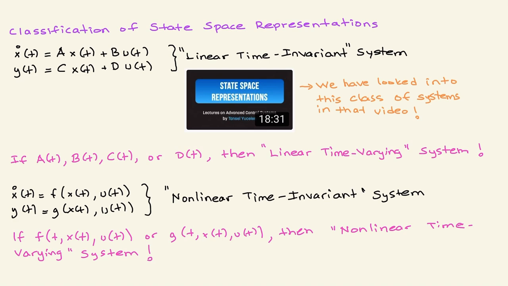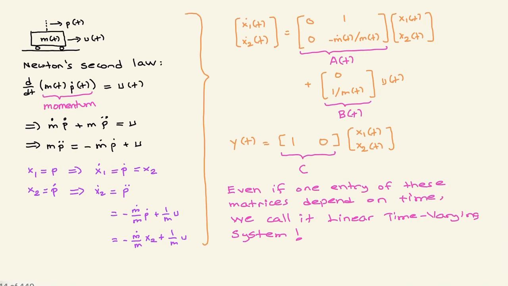All right, let's dive into some examples. Let's say we are looking at this cart. We are measuring its position. We can apply a control force, but let's say the mass is time varying. Of course, this is a very simplistic example, but when you fly a passenger airplane, the fuel, which is a critical part of the mass, actually decreases as you fly.